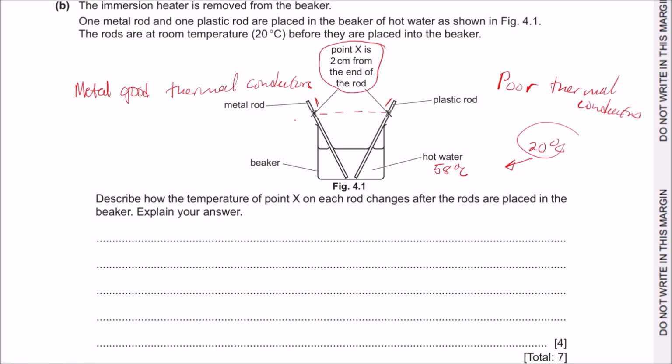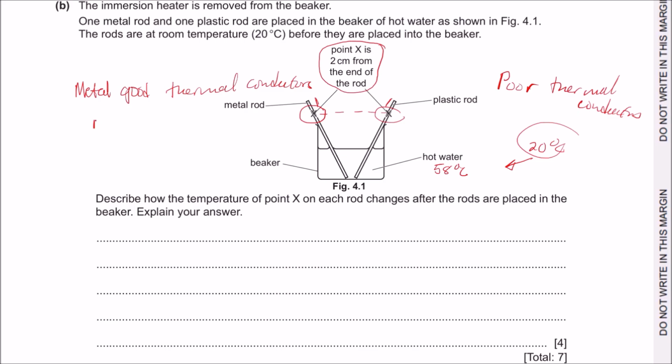With this in mind, we expect heat to reach X faster on the metal rod than this side. But why is it that we're saying heat will reach this point faster before this point? Let's look at the mechanism of conduction.